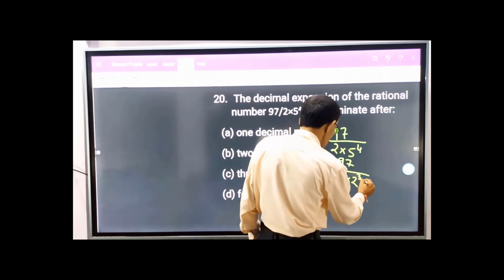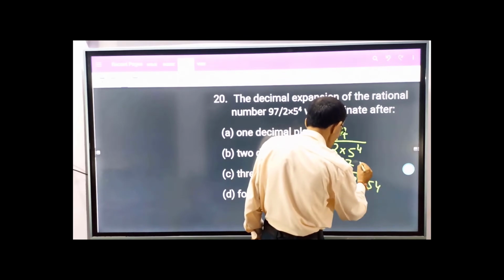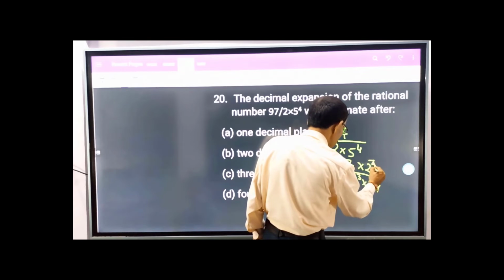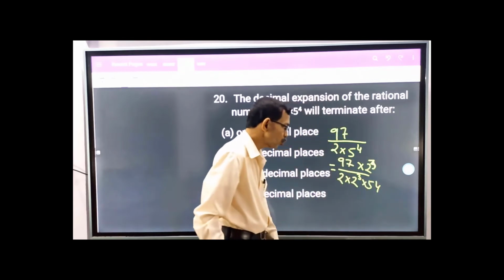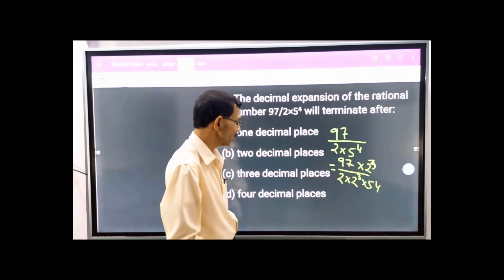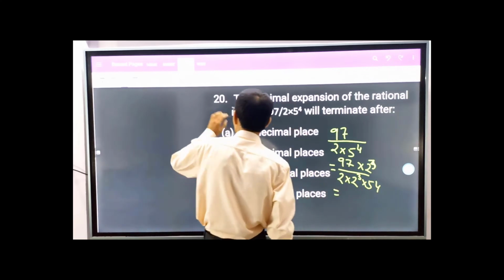So of course multiplied by 5 raised to 4, and to balance this I also multiply the numerator by 2 raised to 3.